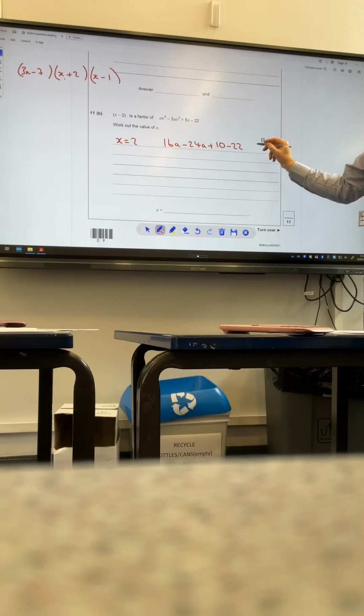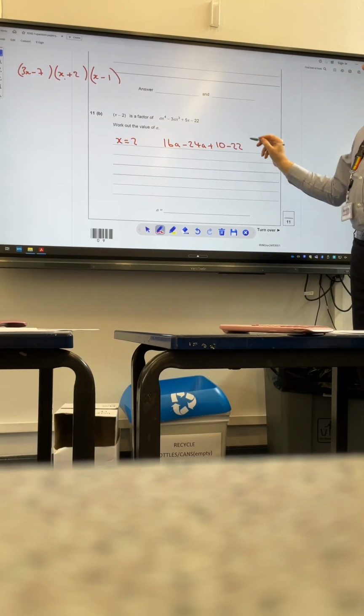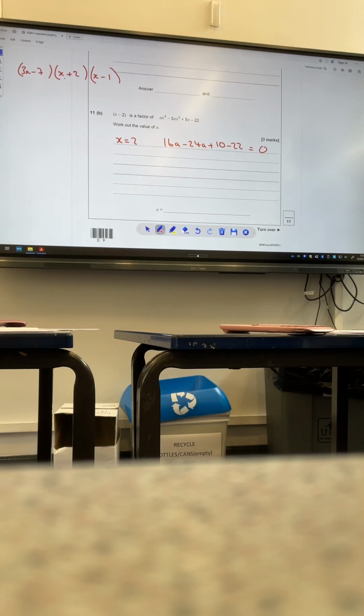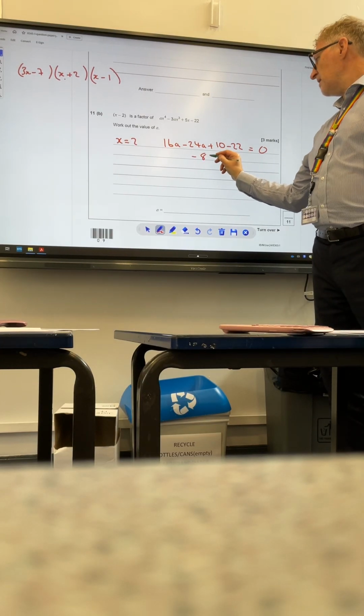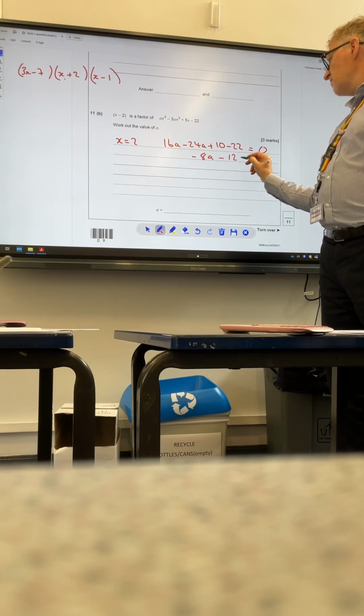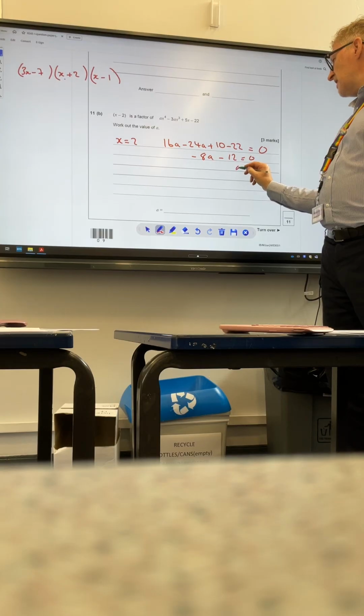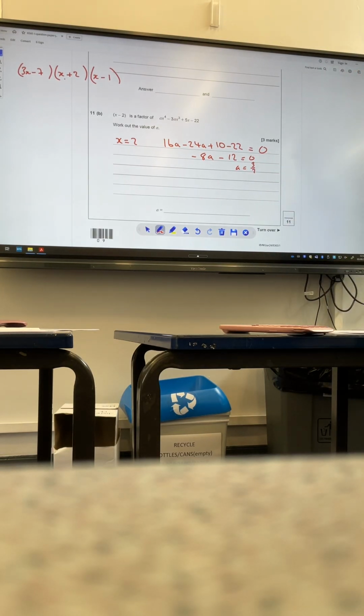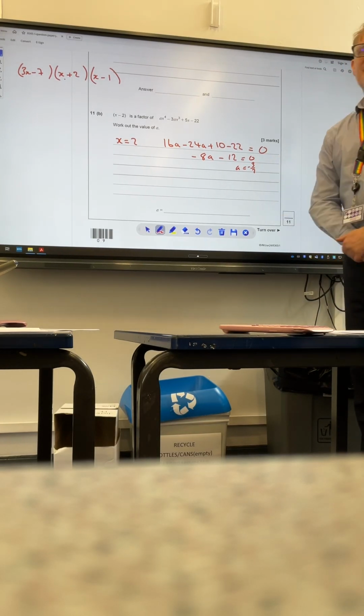And I know if that is a factor, that means when I put 2 in, that whole thing should be worth 0. And so now I can just work that out. Minus 8a minus 12 equals 0. So doesn't a equal 3 over 2? Is it minus 3 over 2? Doesn't a equal minus 3 over 2?